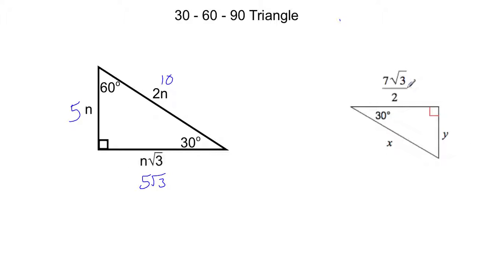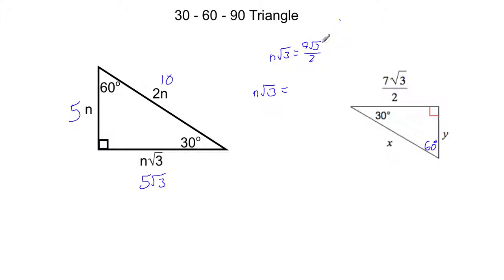So here, first off, we have to figure out which side this is, because this is upside down. Well, if this angle is 30, this is 90, that means that this is 60. Well, the side that's opposite of the 60-degree angle is n root 3. So we know that n root 3 is going to be the same as this side here. And that's 7 root 3 over 2. Now this kind of looks weird, so I'm going to rewrite that, and it might make more sense.